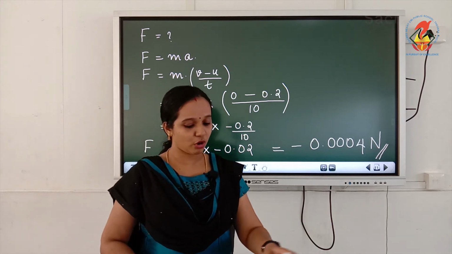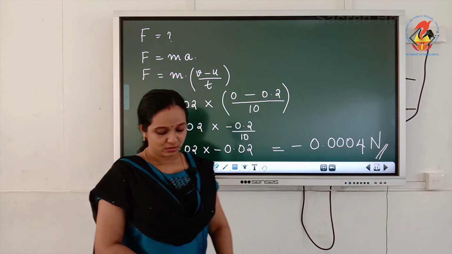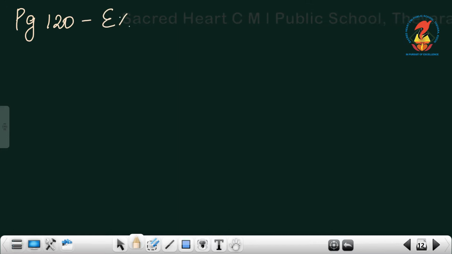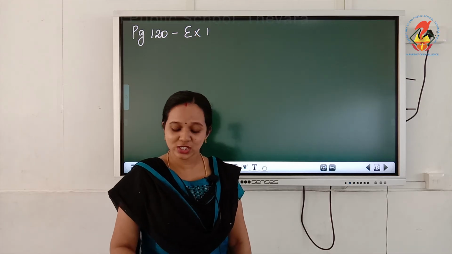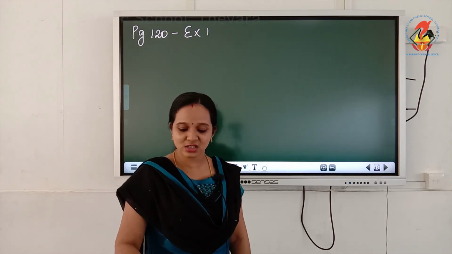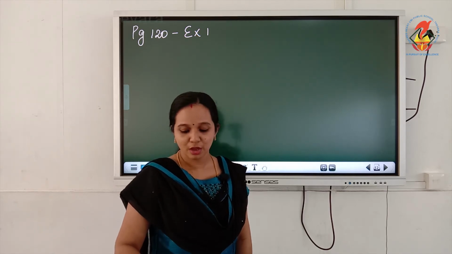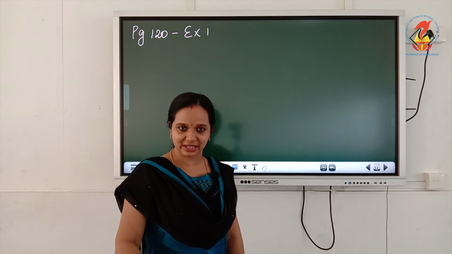Now let us move on to the next problem, that is page number 120, example 1. And the question is, a constant force acts on an object of mass 5 kilogram for a duration of 2 seconds.